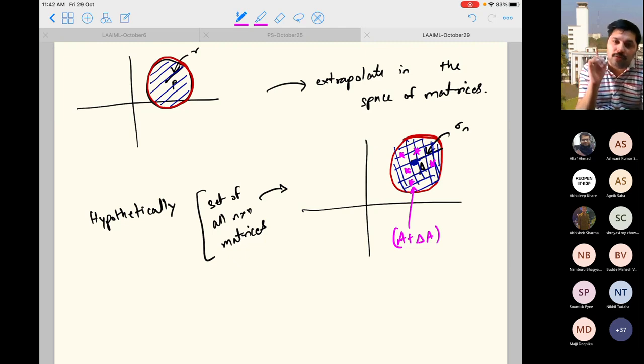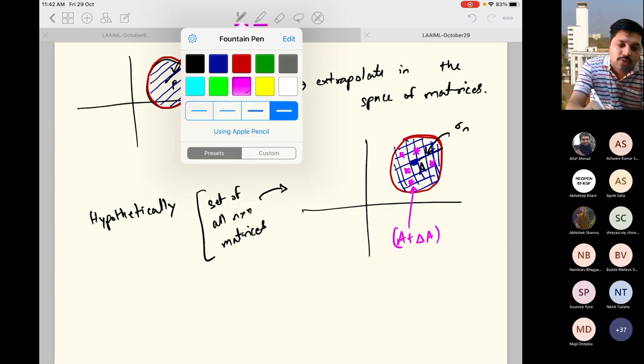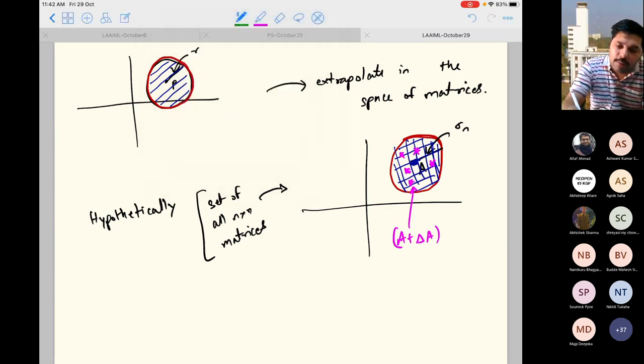Please remember that it is not necessary that every matrix on the boundary is low rank. In fact, it is not true at all. There is one matrix sitting somewhere here, in which direction I also don't know, denoted by a cross. That's the matrix A n minus 1.